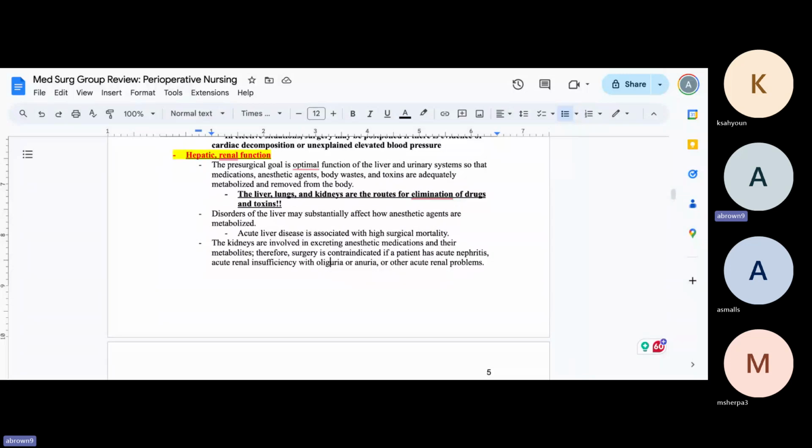It can't metabolize medications or really send them out to the body, you know? So it just depends on the extent, because if it's not permanently scarred, maybe they have a little bit of jaundice or something else wrong with the liver. It just depends.